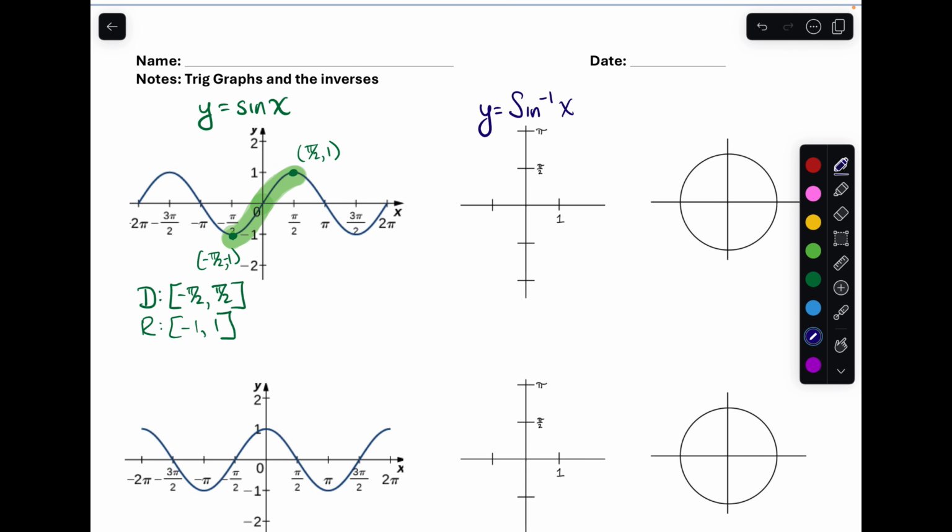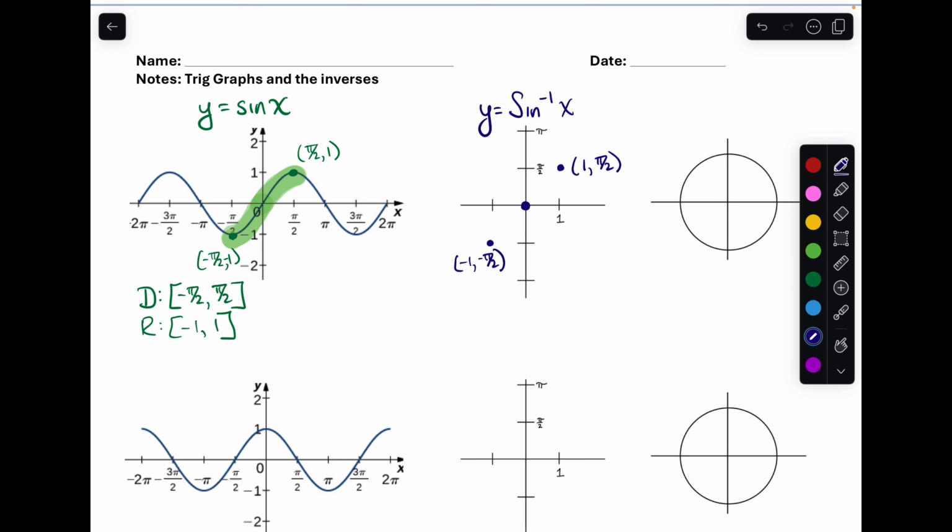So the point at 0, 0 would still be at 0, 0 if I did an inverse. Instead of going out to pi over 2 and up to 1, here we go out to 1 and up to pi over 2. This is the point 1 comma pi over 2. Likewise, I would have a point at negative 1, negative pi over 2.